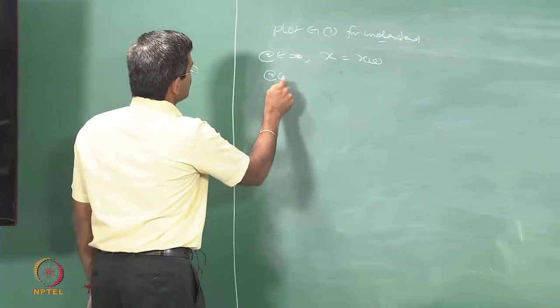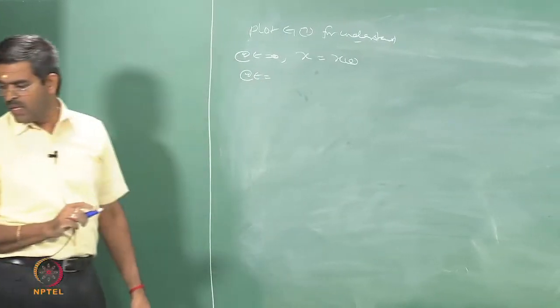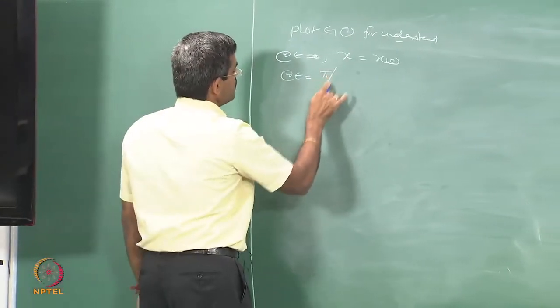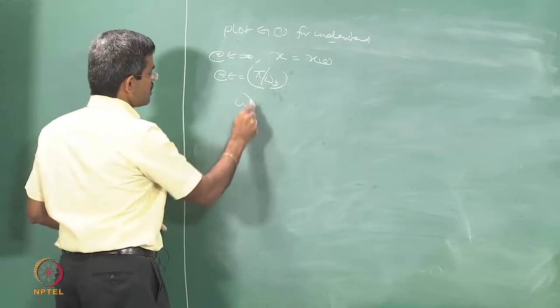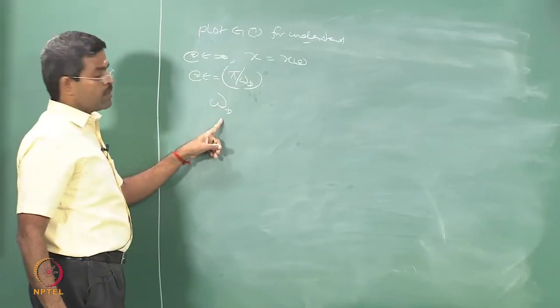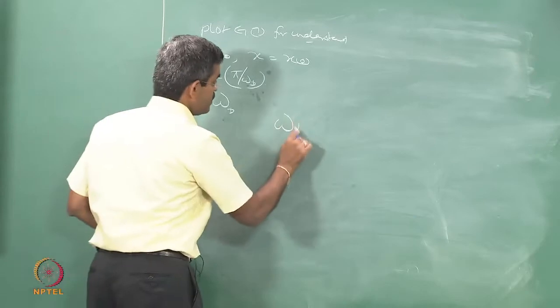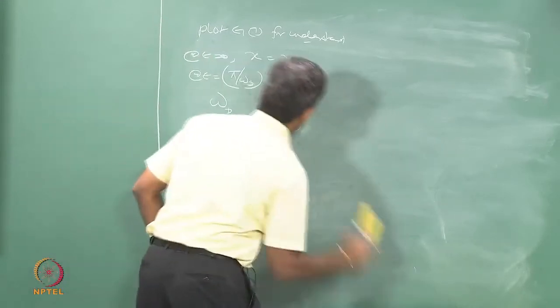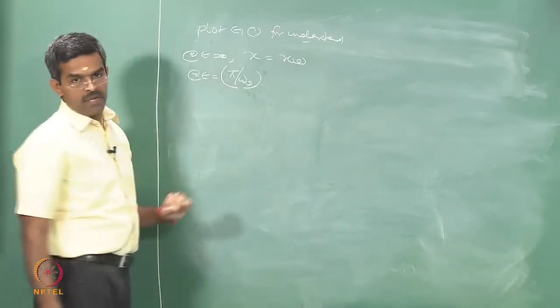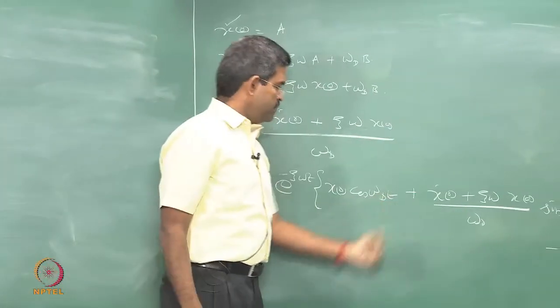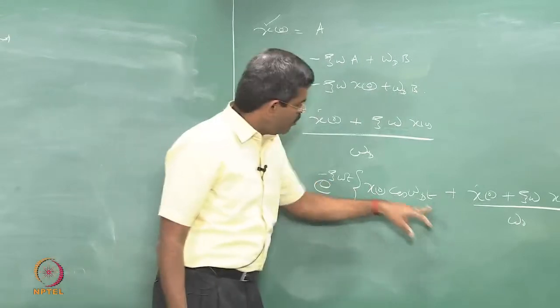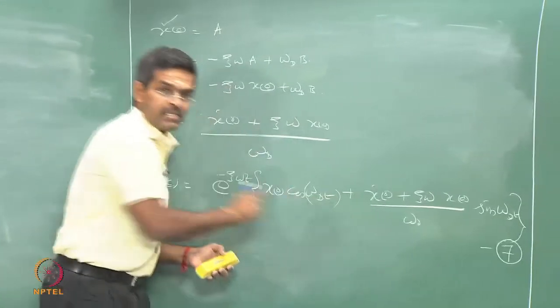Now, at t equals pi by omega d, this is omega suffix d, the damped vibration frequency. Now, when I use pi by omega d here, this omega d and omega d in the argument will get cancelled.